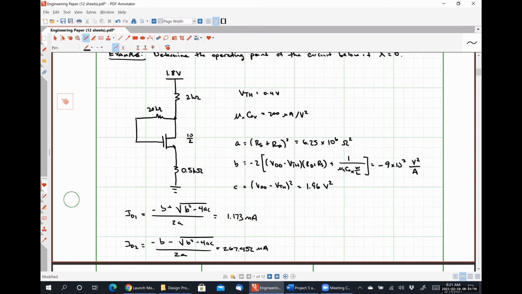Both of them are positive. So how do you guys suppose we are supposed to determine which of these is the correct answer? Any thoughts?